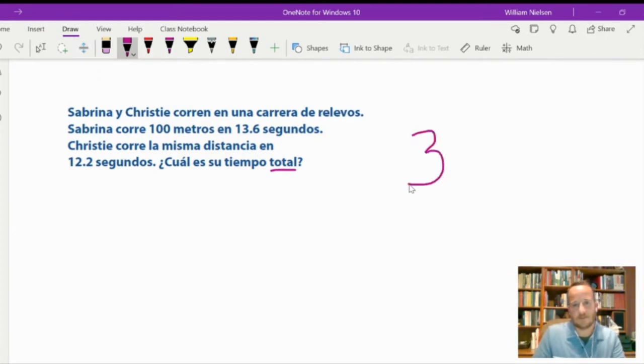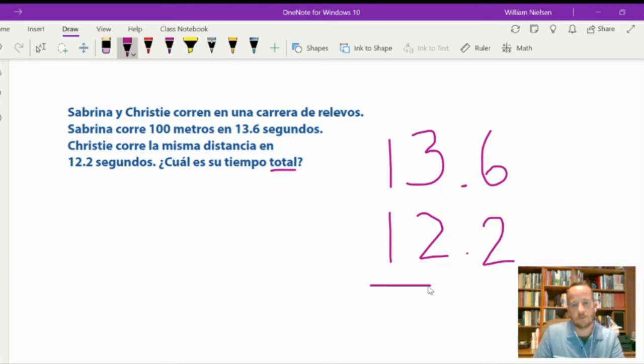¿Qué tal si ponemos 13 y 6 décimos, escribimos 12.2 o 12 y 2 décimos. ¿Ok?